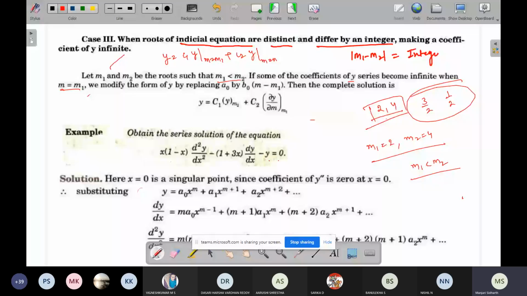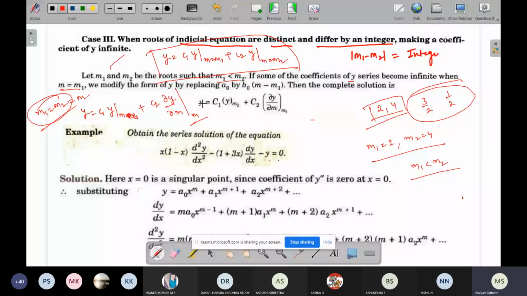Your second case was when the roots are equal, m1 equals m2. Then the solution was C1 times y at m equals m1, and C2 times the partial derivative of y with respect to m, then we substitute that root. This was your second case.